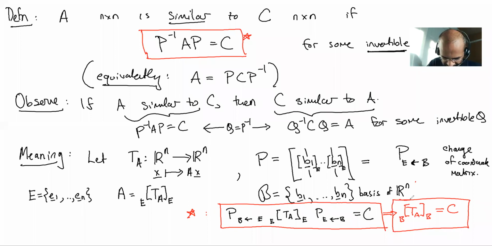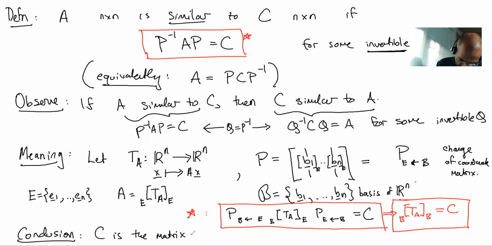So the meaning of similarity is that if C is similar to A, then C is the matrix of TA in some basis. So let me summarize this. C is the matrix of TA in another basis.